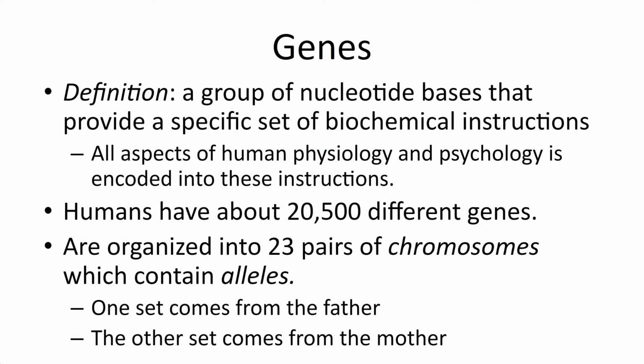Now, the term gene has a specific definition. It refers to a group of nucleotide bases. It's basically just chemicals that provide a specific set of biochemical instructions. And all aspects of human physiology and psychology are encoded into these instructions. And that's kind of an interesting point to think about for just a minute.